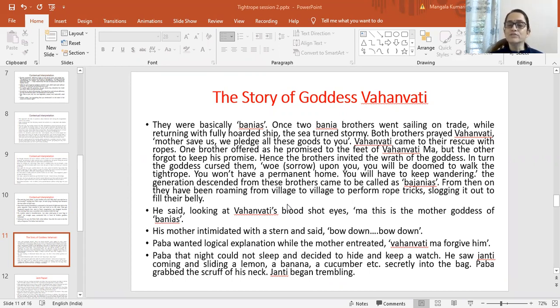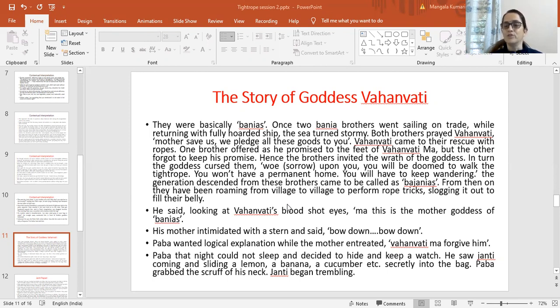While returning with a fully stocked ship, the sea turned stormy. A storm raged over the sea, and both the brothers' lives were at risk, and both the brothers started praying to Vahanvati Mother. They prayed in this way: "Mother, save us. We pledge all these goods, the full ship of goods, to you."